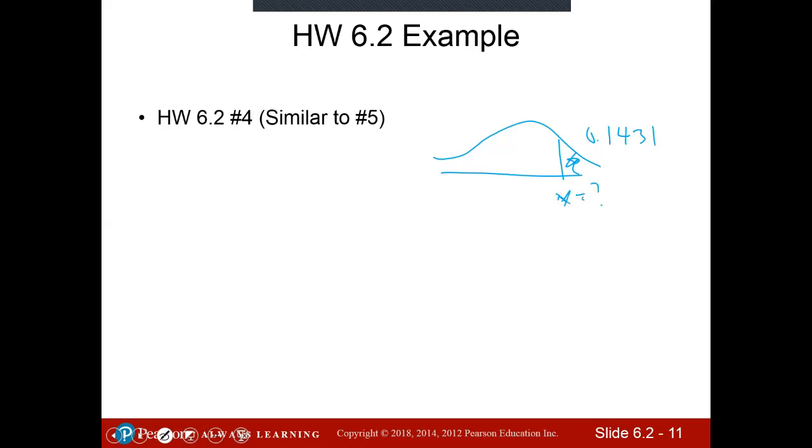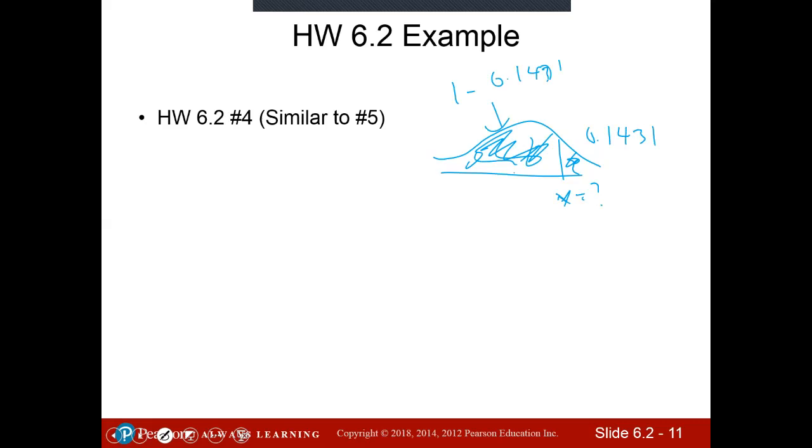Okay, so if I go to the table, if this is 1.5, what is the area to the left of this? So I subtract this from 1.